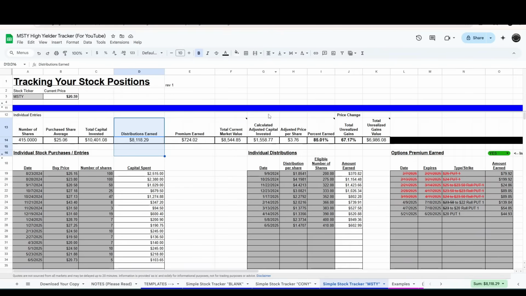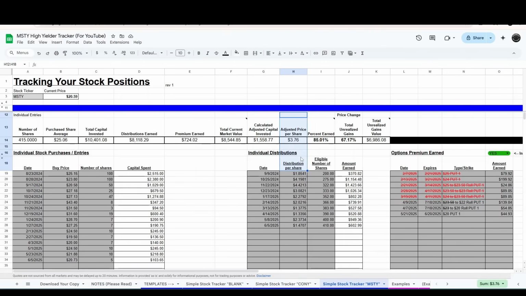It also adjusted my capital invested, and this is the amount that I actually still have at risk, where it was $2,000, now it's $1,558.77. And it also lowered my adjusted price per share.